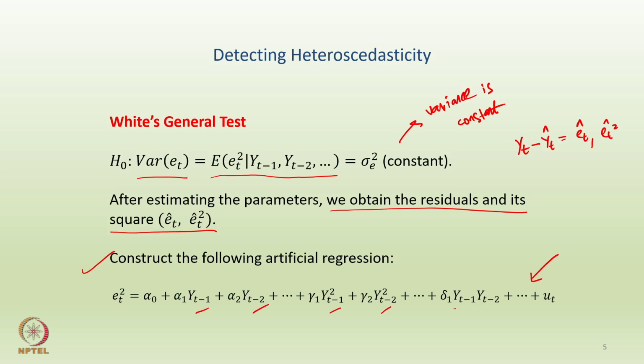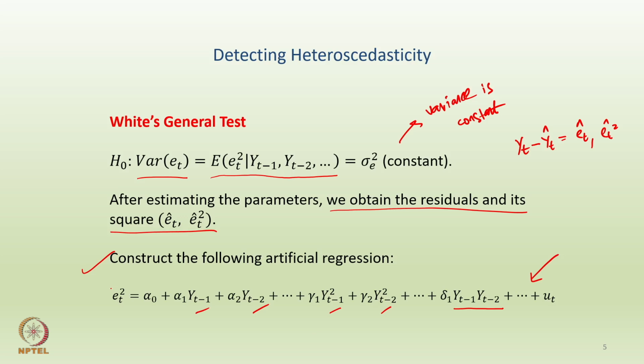By the way, terms where you have a product of two lags are called interaction terms, so yt minus 1 into yt minus 2. One important point here is, why do you want to include all the squared terms? Because we are focusing on Et square, and Et square should contain some notion of squared time series processes also, so yt square or yt minus 1 square, etc.